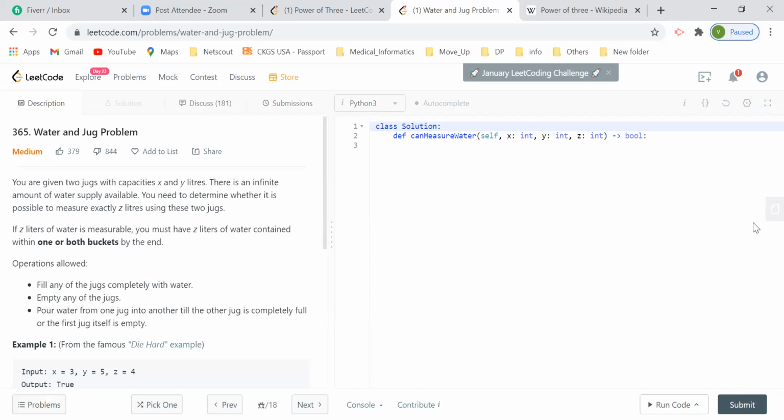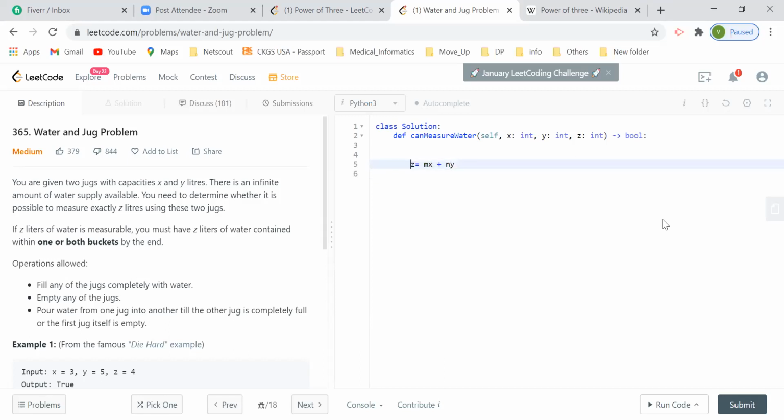You need to determine whether it is possible to measure exactly Z liters using these 2 jugs. So you have only X and Y. So it should basically be Z equal to some m times X plus n times Y.